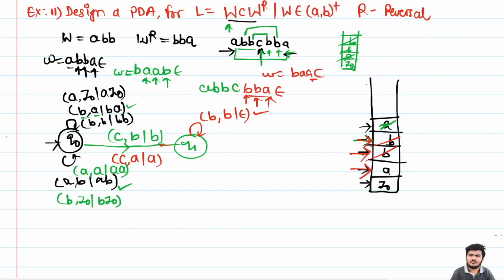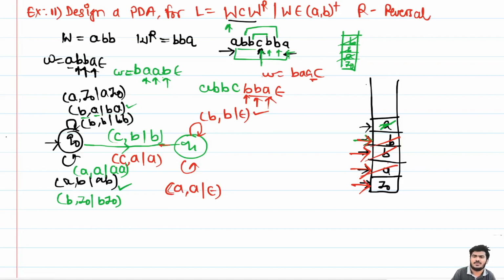So A is the input and top of the stack is A. There is no transition available, so I will make a transition whenever A is the input and A is the top of the stack. I have to start popping. So A and top of the stack is A. I have popped it and I have moved the top pointer to Z0.